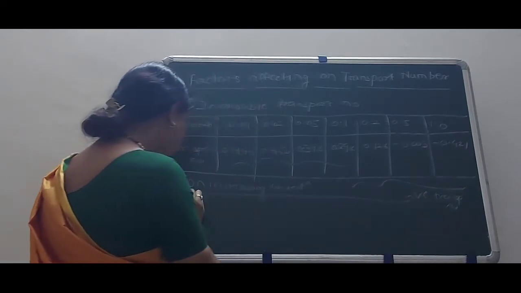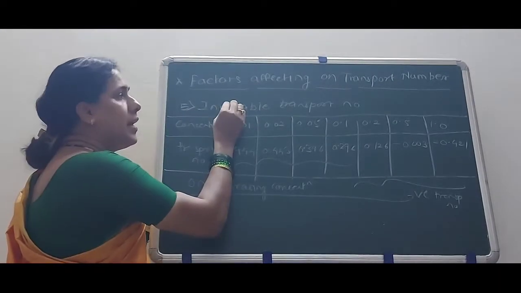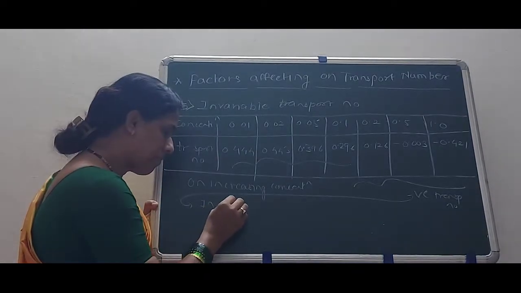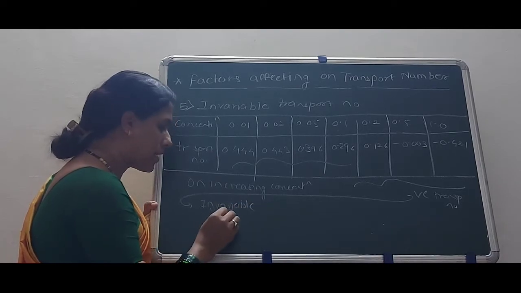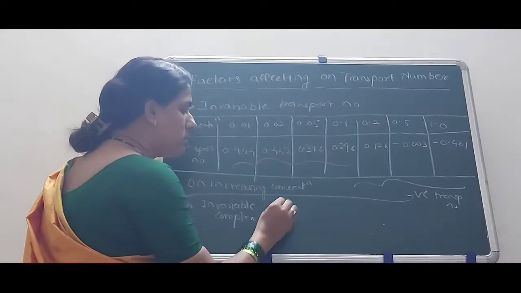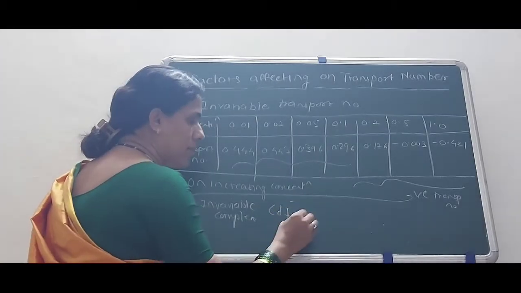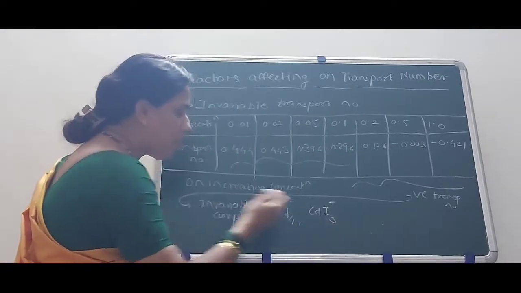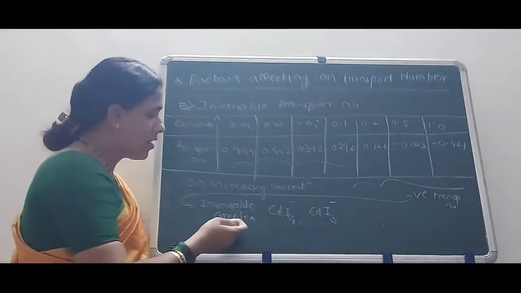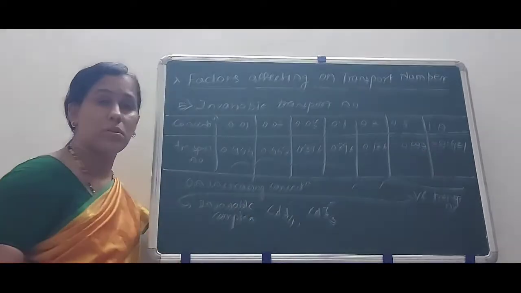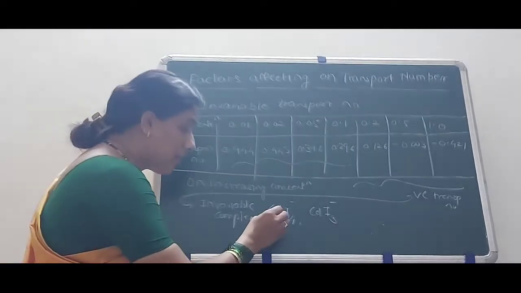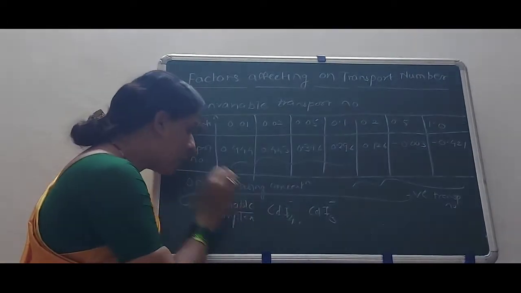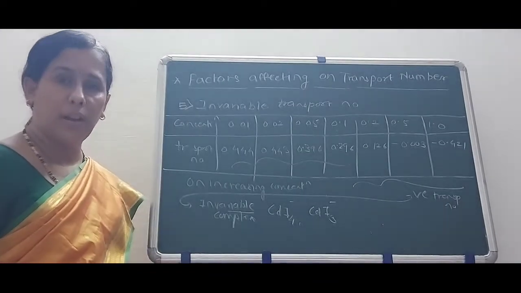This is due to the formation of an invariable complex, for example CdI4 minus, CdI3 minus. On increasing concentration, there is formation of an invariable complex, and due to that the positive or negative ions cannot move freely, because of the invariable complex with an invariable transport number.